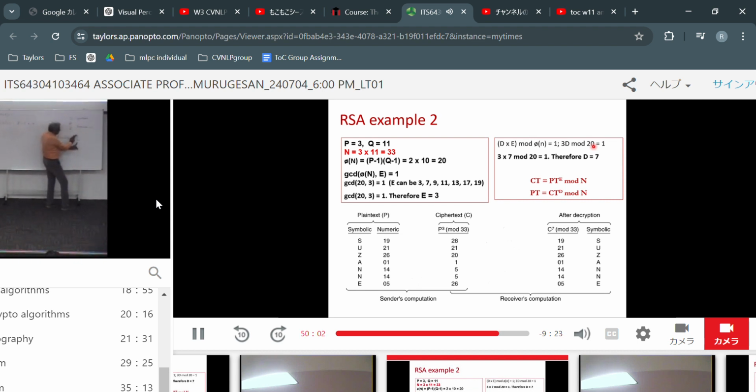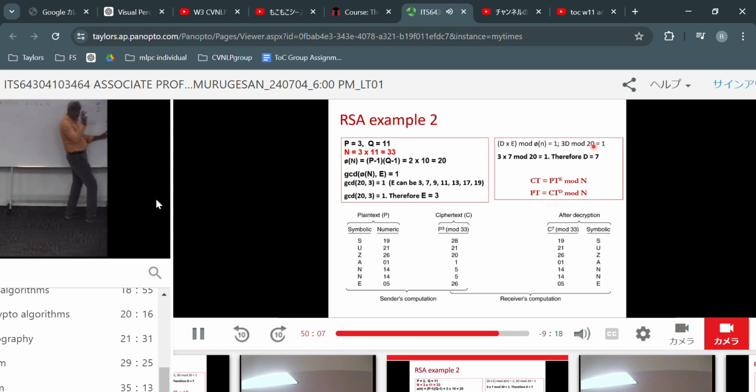For example, 5 divided by 2. Division, not divisibility. 2 goes into 5 two times. We call this the quotient, and we have remainder 1. The difference between division and mod is that in division we give importance to the quotient.